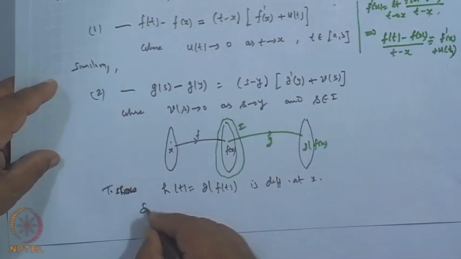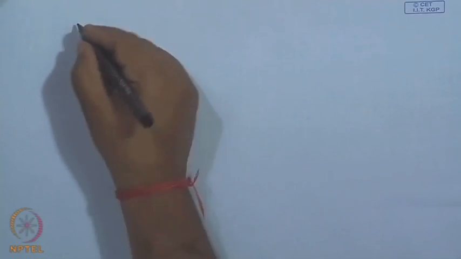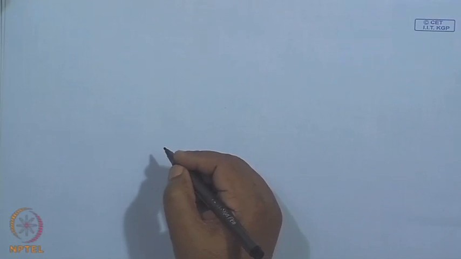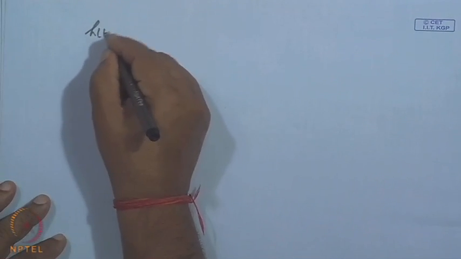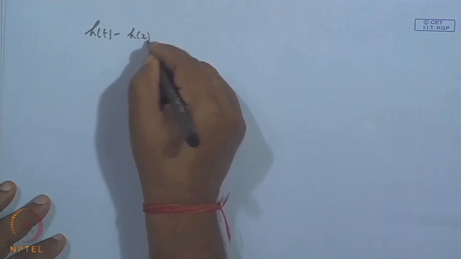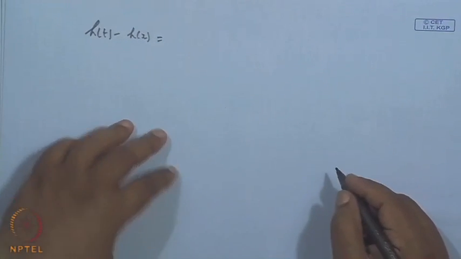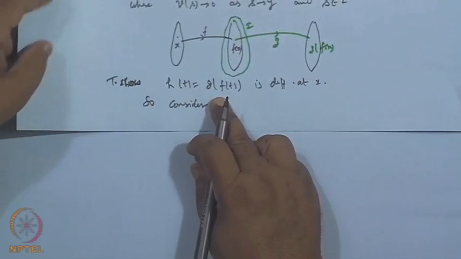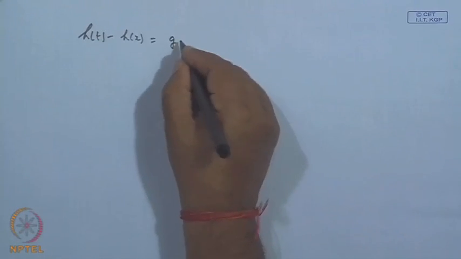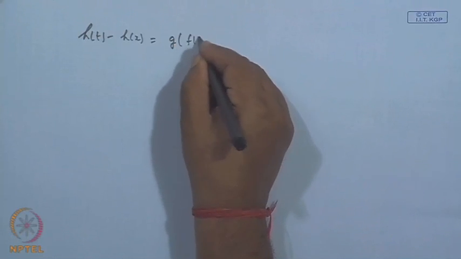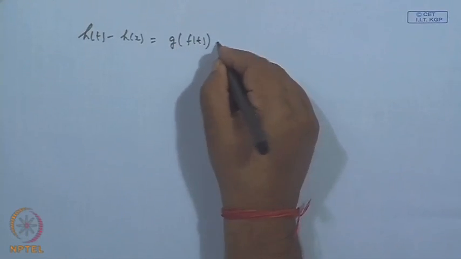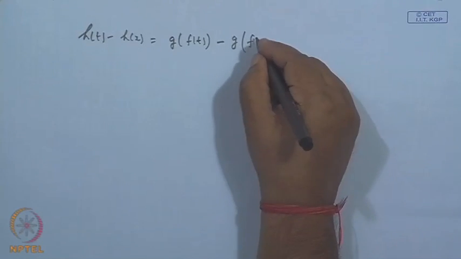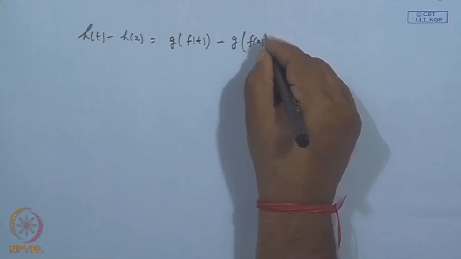Consider h t minus h x. Now, h t minus h x means g of f t minus, and h x means g of f x.